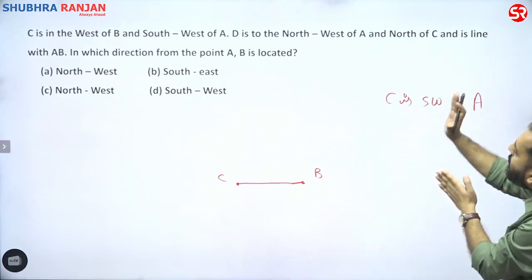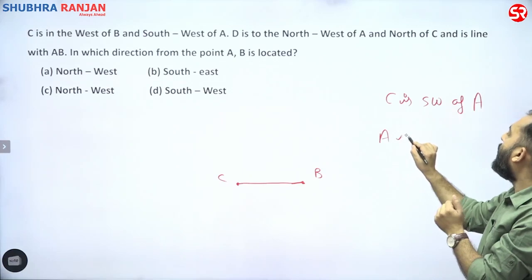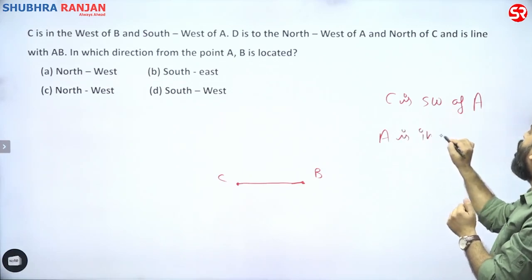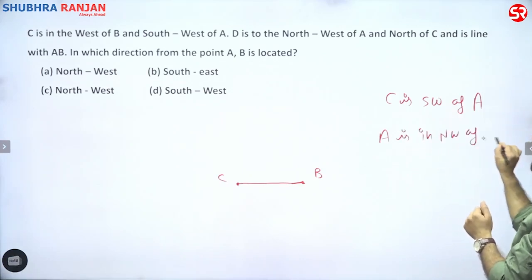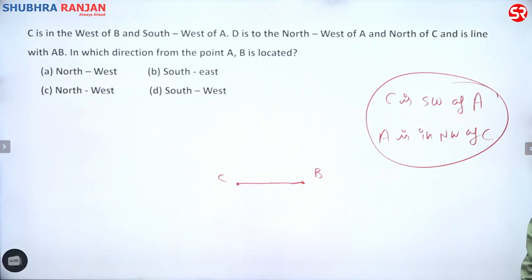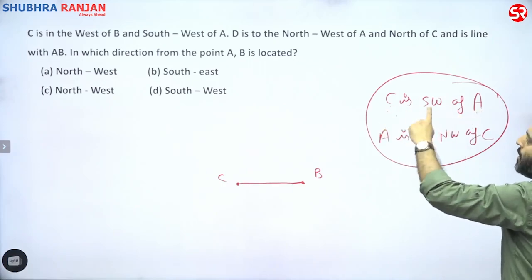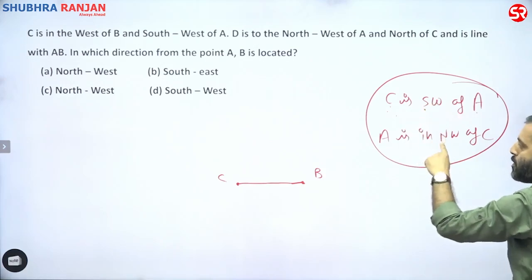If C is in the southwest of A, then I can say A is in the northwest of C. This is one and the same thing, right? So I can reciprocate this statement. See, I have switched the position of A and C, so south must be replaced with north.